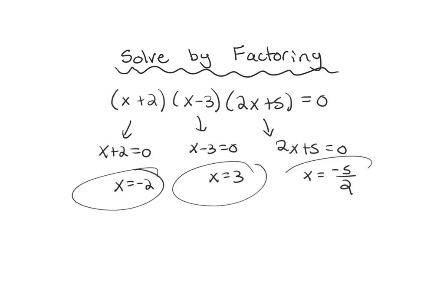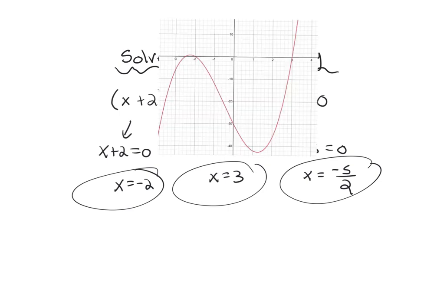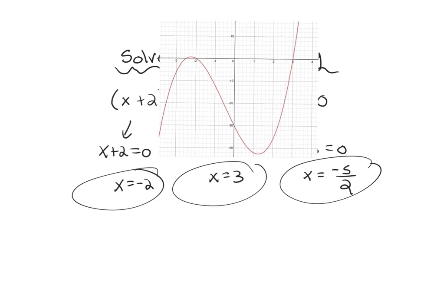So 3 zeros, those are x-intercepts. When I graph that same polynomial function, you'll see that our answers are where it crosses the x-axis. So it's crossing at 3, negative 2, and negative 2.5.